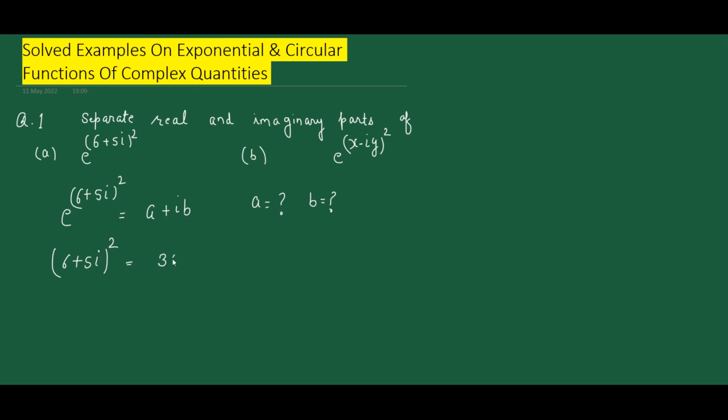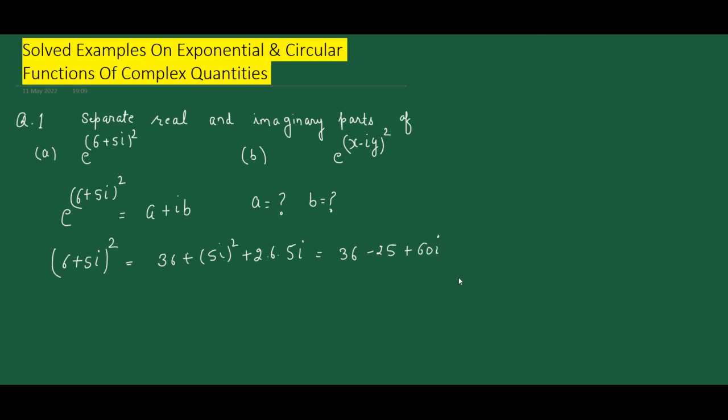So open the square: 6 square plus (5 iota) square plus 2 into 6 into 5 iota. So this will be 36 minus 25 plus 60 iota.